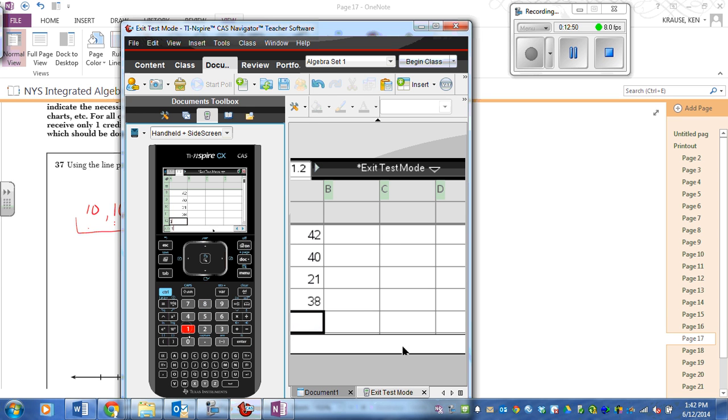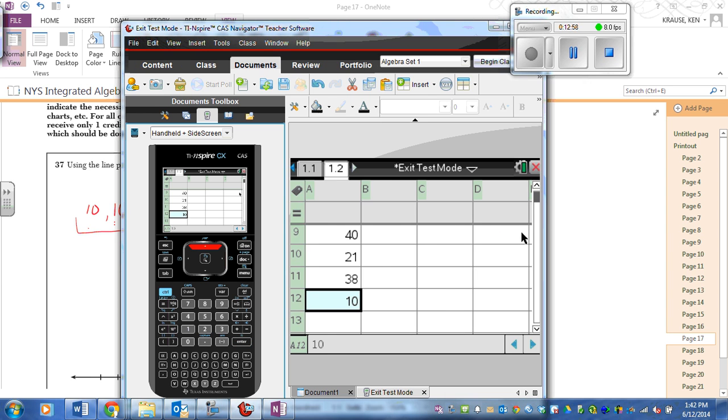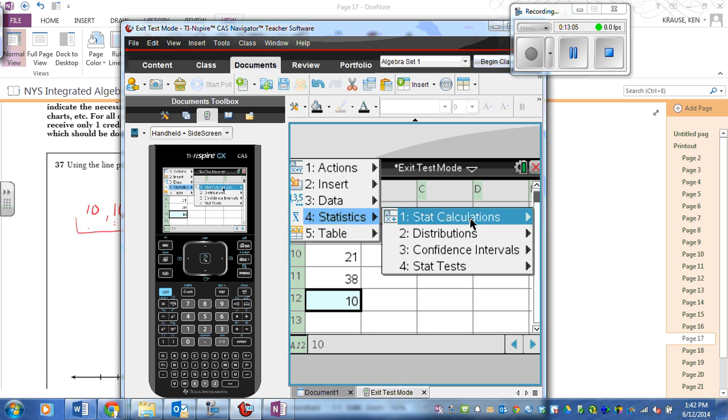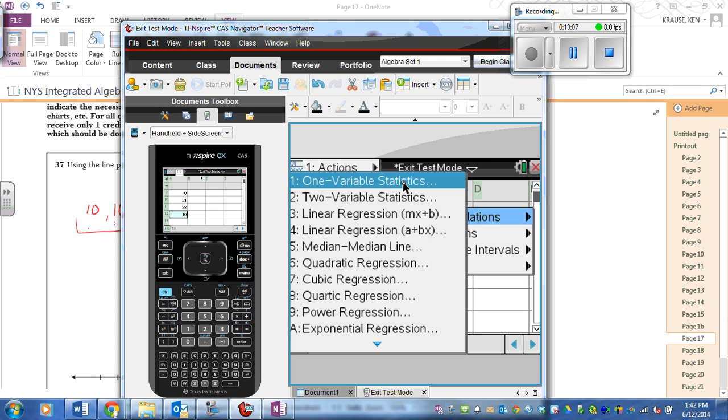Should have 12. Oh, right there, 12. Okay, so let me go into statistics, stat calculations, variable statistics.